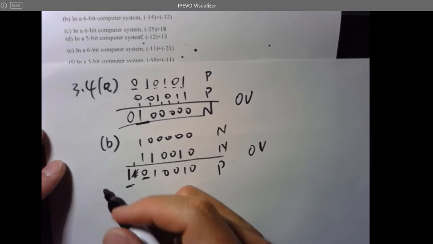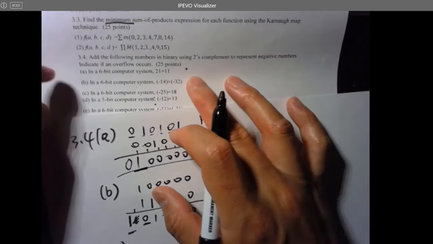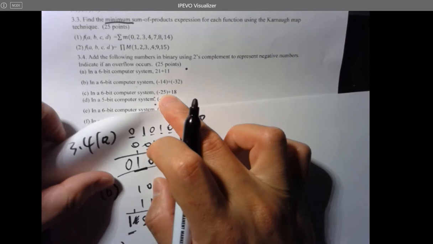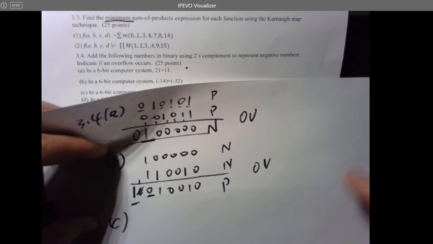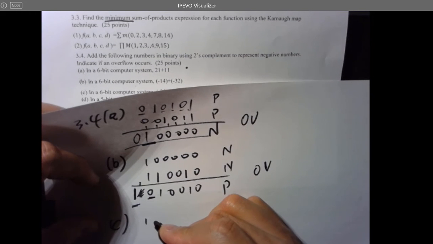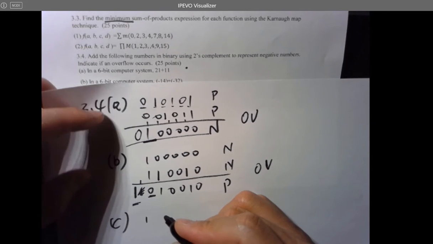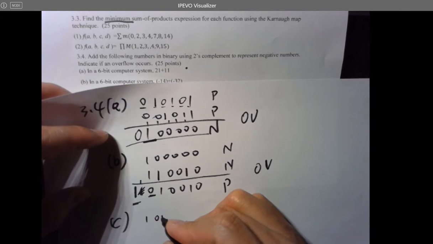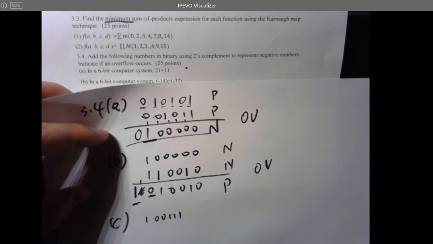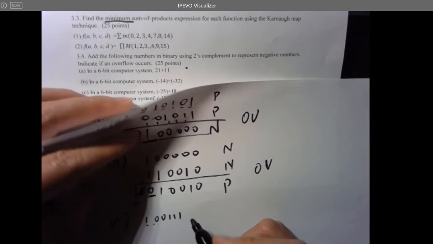All right, C. Minus 25 plus 18. Minus 25, you mean minus 32 plus 7, right? So it's going to be 0, 0, 1, 1, 1. This is 7. Minus 32 plus 7 will be minus 25, and plus 18.